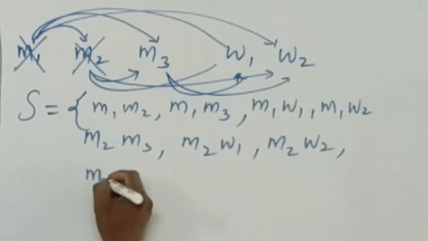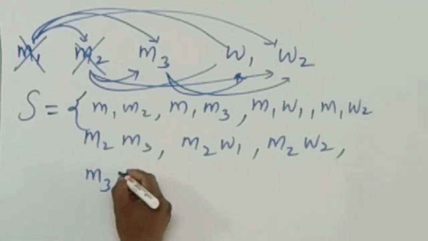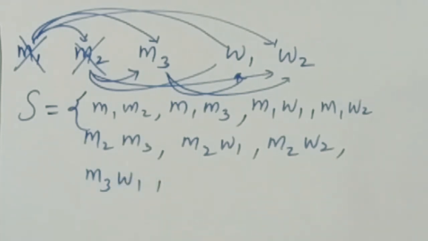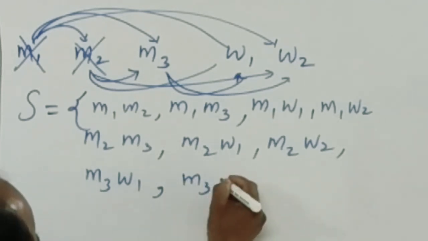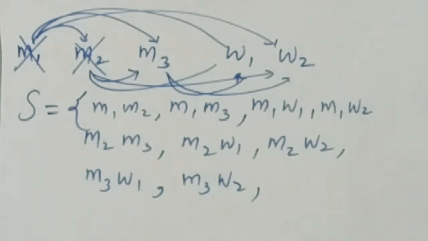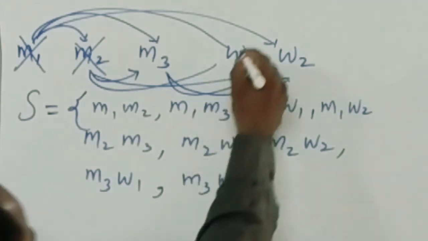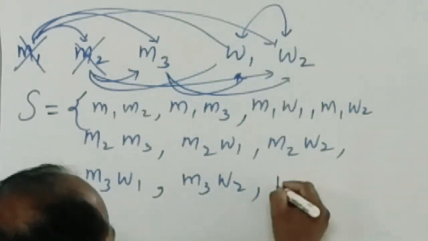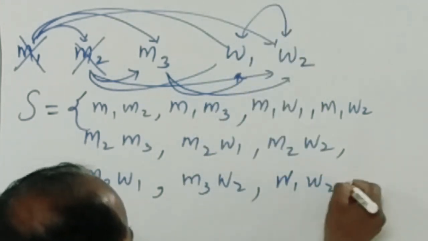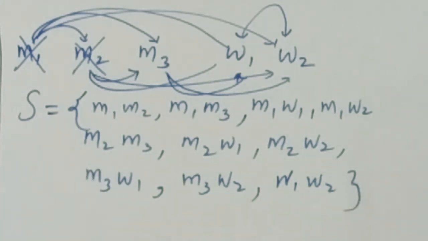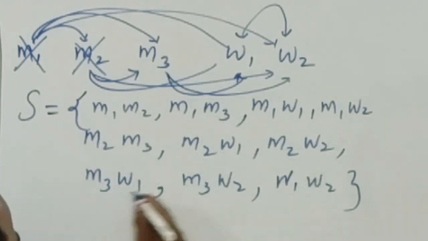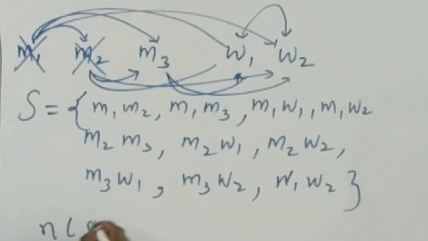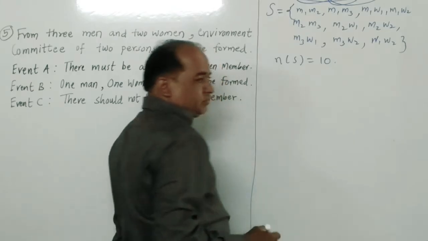See that there should not be any repetition in the sample space. And the last committee is the pair of W1 and W2. So in this way, in all there are 10 committees: 1, 2, 3, 4, 5, 6, 7, 8, 9, 10. So n(S) is equal to 10.